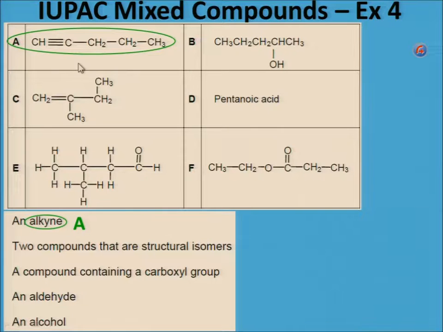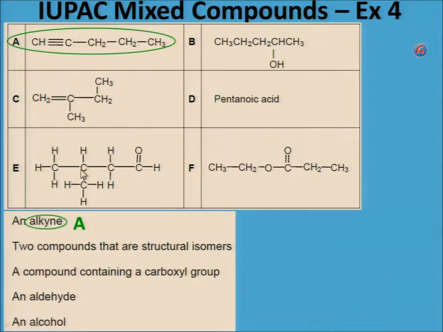So let's see. At number A, you have 1, 2, 3, 4, 5 carbons. At number C, you have 1, 2, 3, 4, 5 carbons, but the amount of hydrogens differ. B's got 5 carbons and an oxygen. F's got 1, 2, 3, 4, 5 carbons and 2 oxygens.